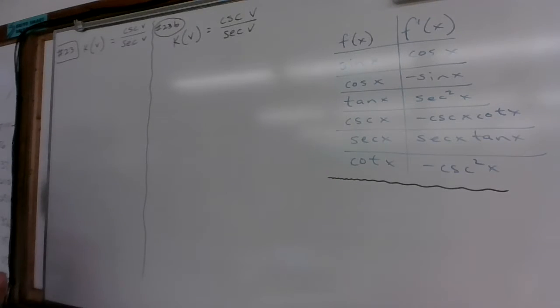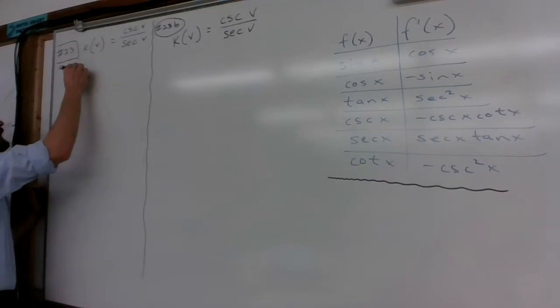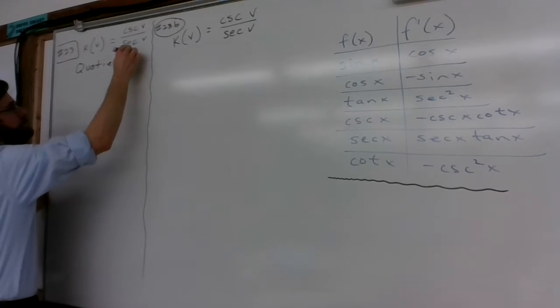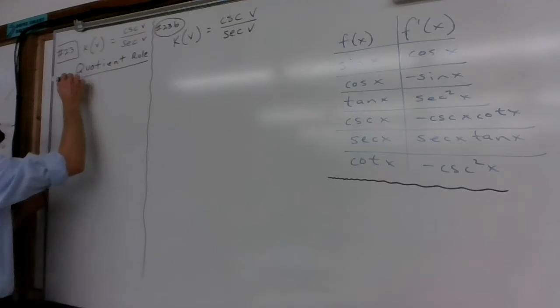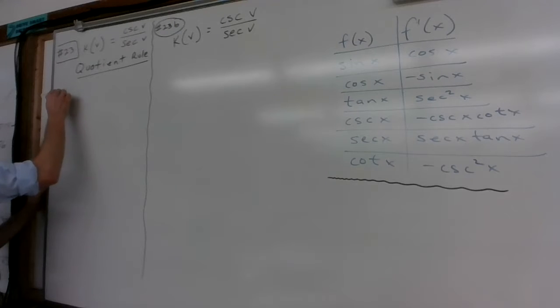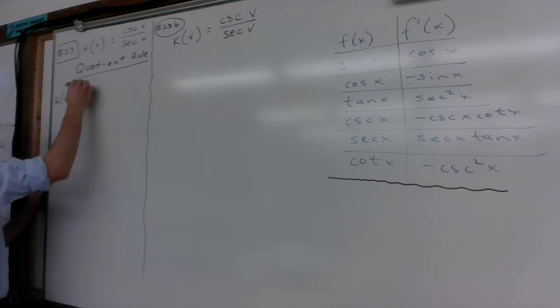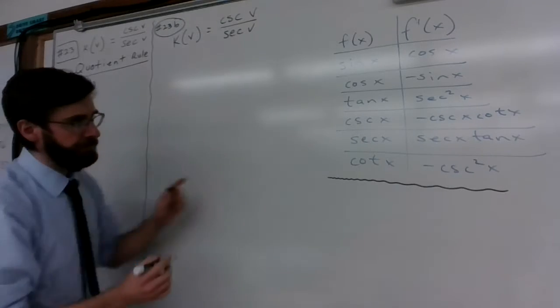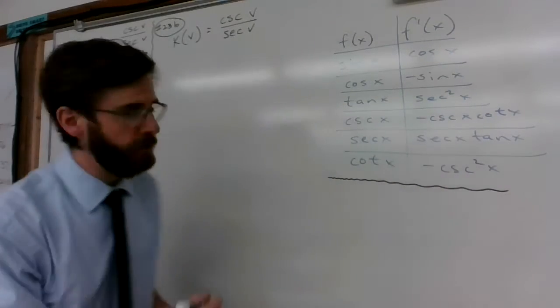So 23, I'm just going to solve it as is. I see division, I'm going for quotient rule. So K of V is equal to the bottom times the derivative of the top, which is going to be negative cosecant of x cotangent.